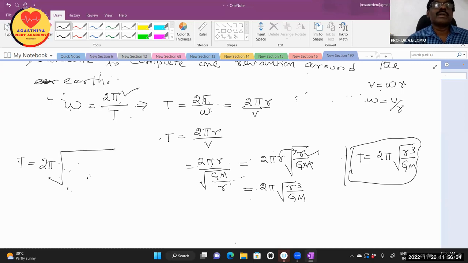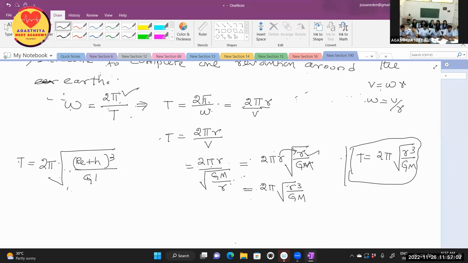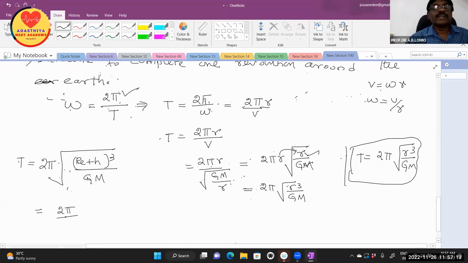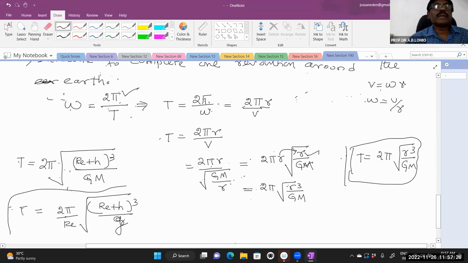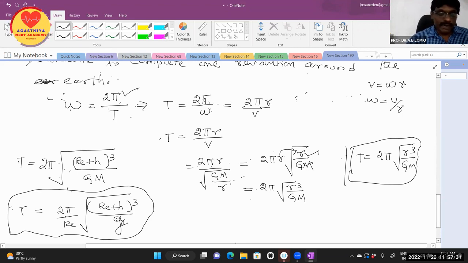Therefore, R is equated as RE plus H, whole cube, divided by g. Again, in terms of g, another simplified formula.